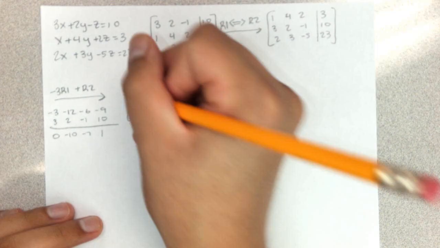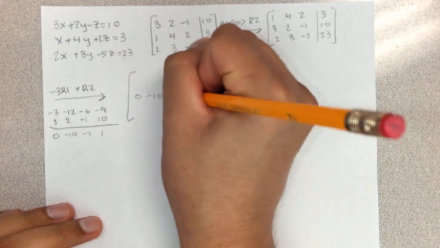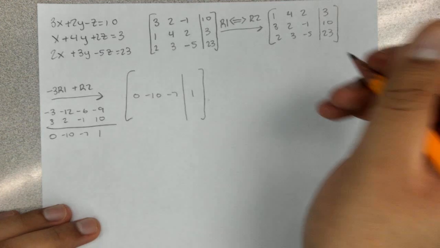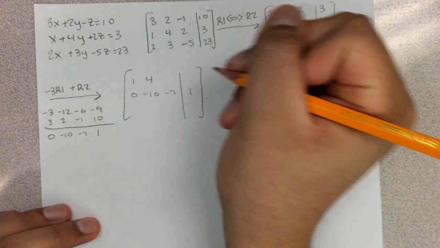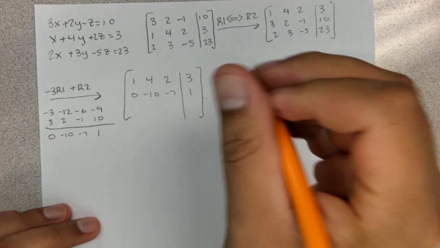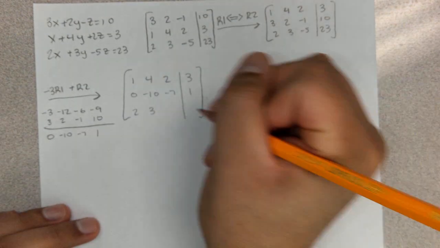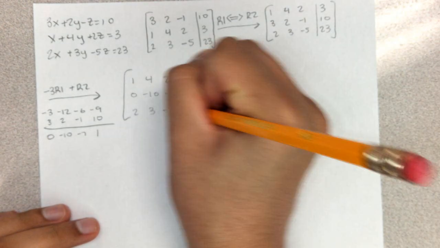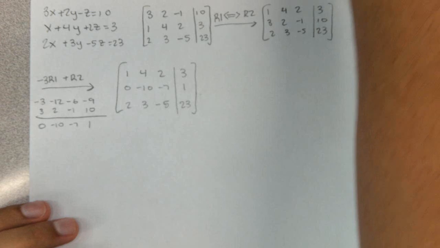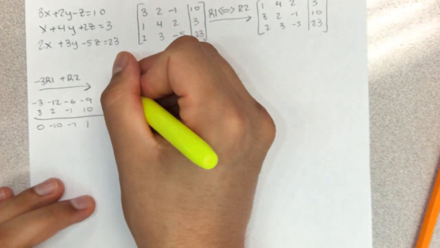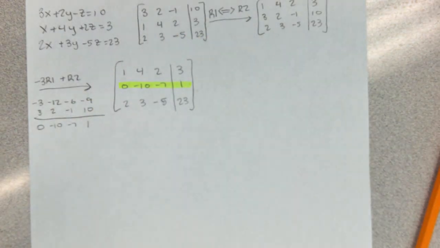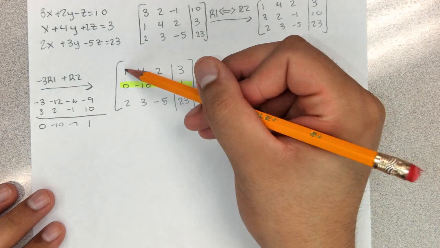So the new second row, again, is 0, negative 10, negative 7, 1, and our first and last row stay the same. So again, this is the new second row. Alright, so we got steps 1, 2.